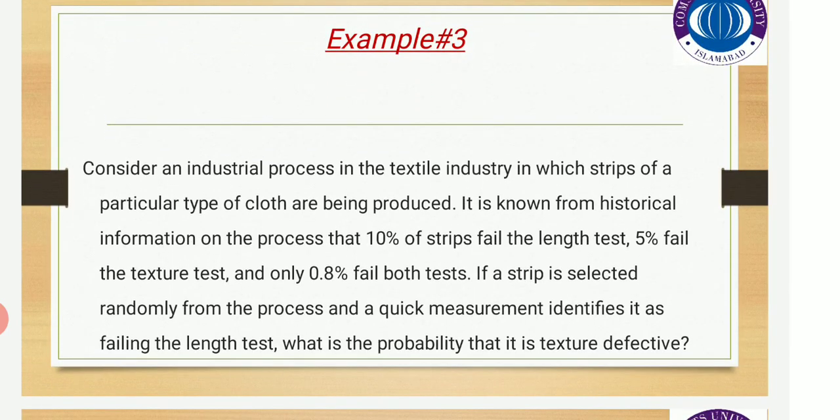Example number 3. Consider an industrial process in the textile industry in which strips of a particular type of cloth are being produced. It is known from historical information on the process that 10% of strips fail the length test, 5% fail the texture test, and only 0.8% fail both tests.